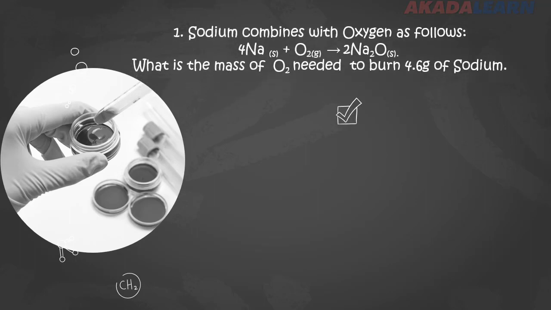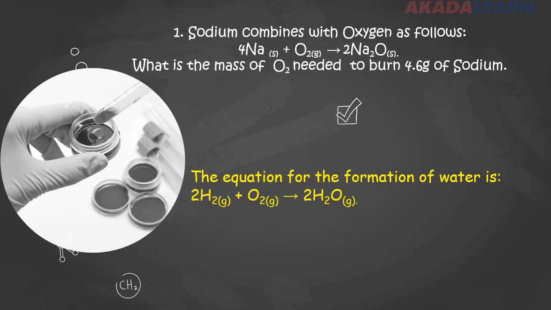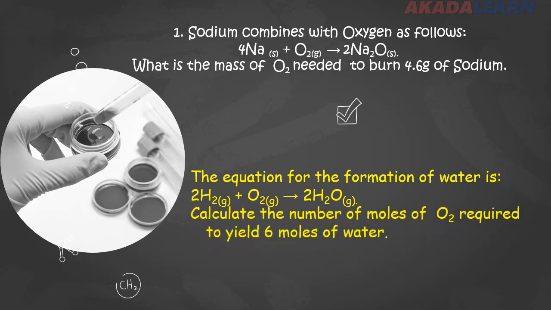Sodium combines with oxygen as follows: 4Na solid plus O2 gas to give us 2Na2O solid. What is the mass of oxygen needed to burn 4.6 grams of sodium? Question 2. The equation for the formation of water is 2H2 plus O2 to give us 2H2O. Calculate the number of moles of oxygen required to yield 6 moles of water.